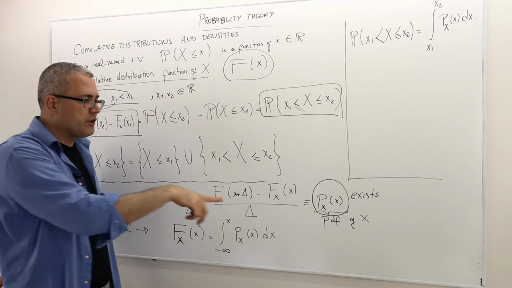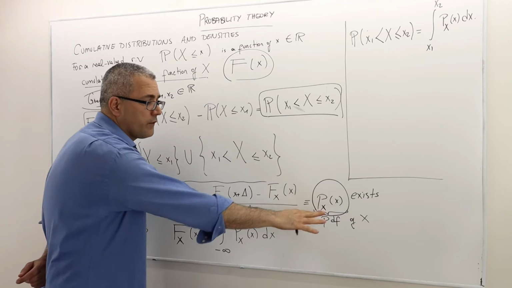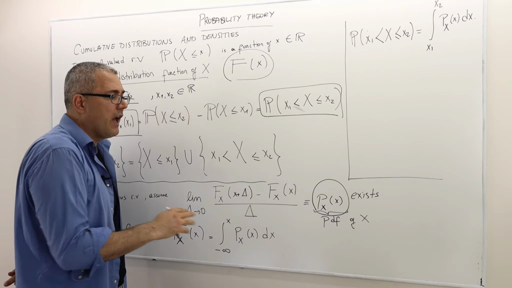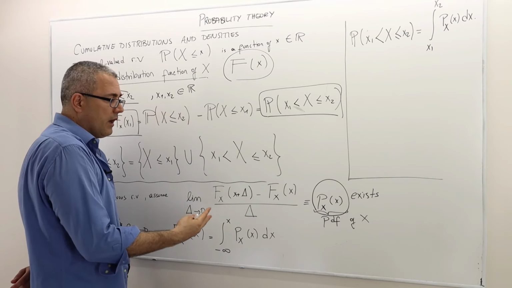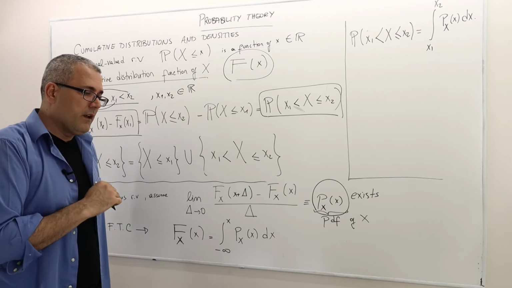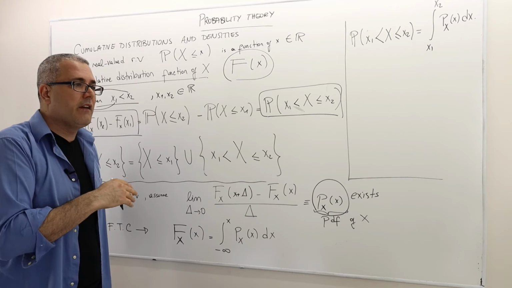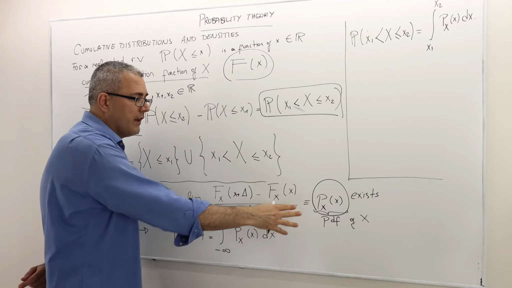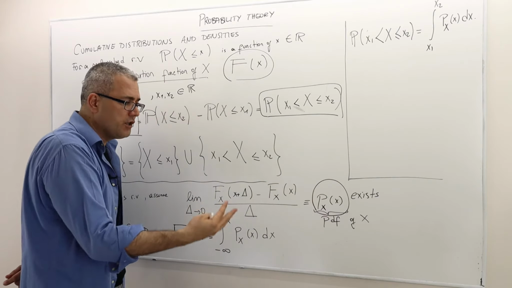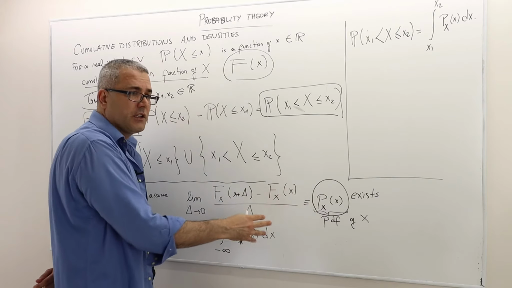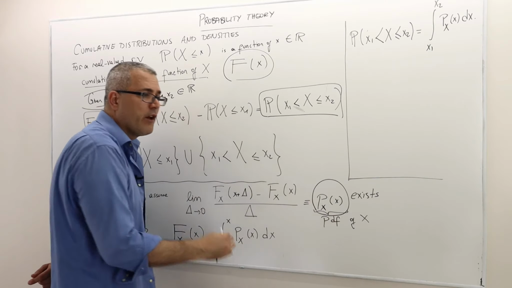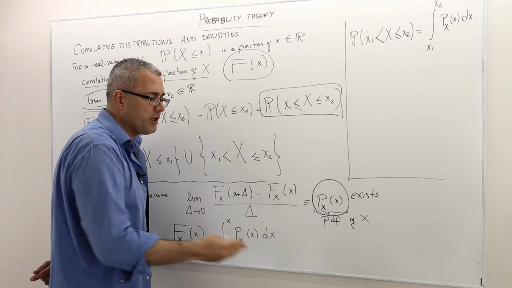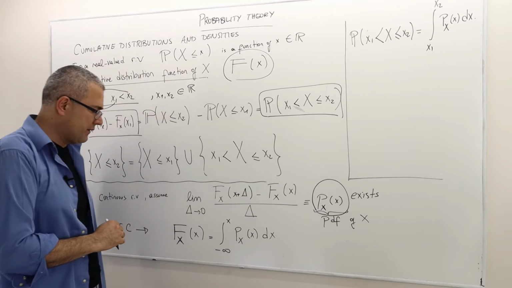If it is differentiable, this is the slope of the CDF. If the CDF is everywhere differentiable, then we can talk about this p_X(x) function, and this function is what we call the PDF, the probability distribution function of the random variable x.